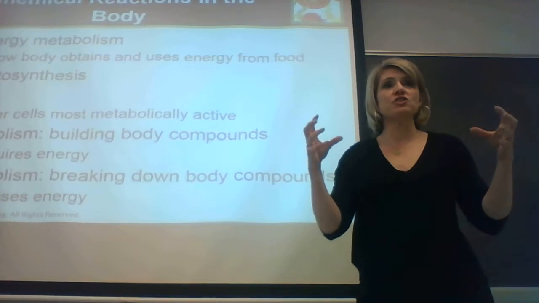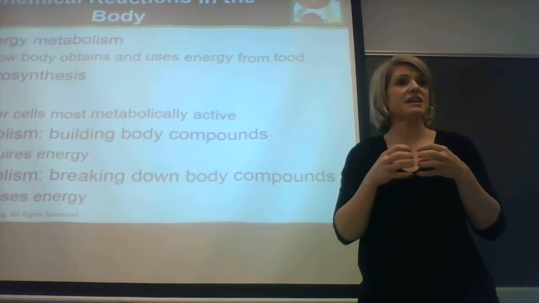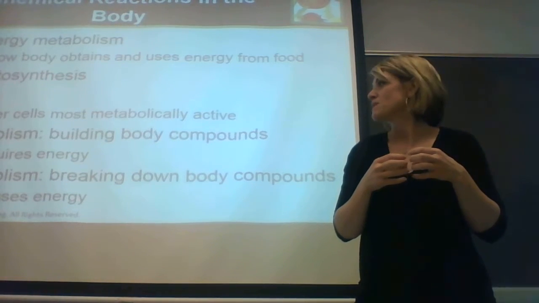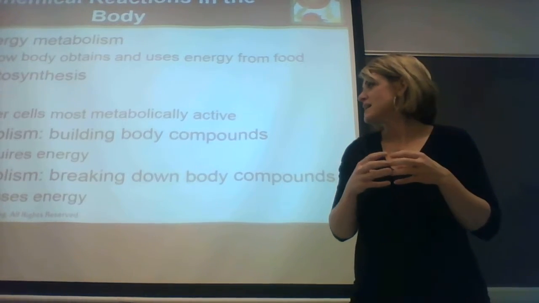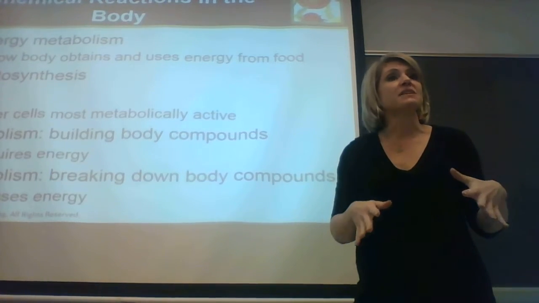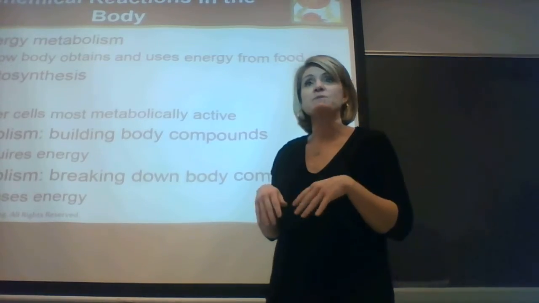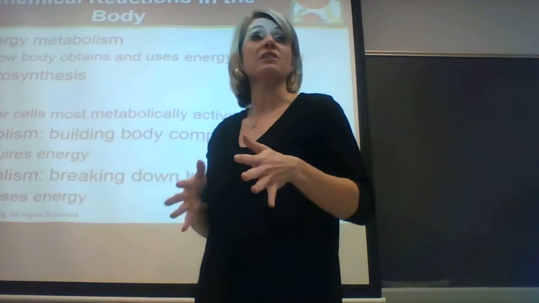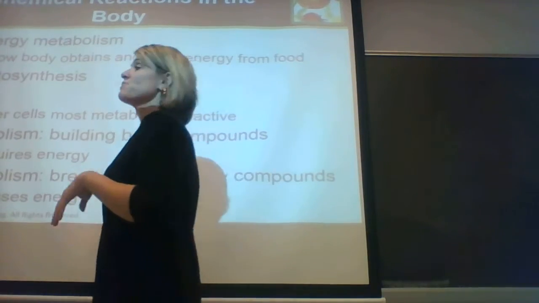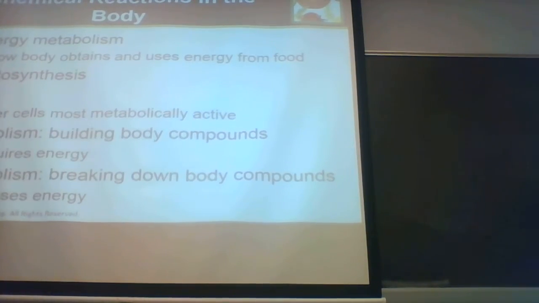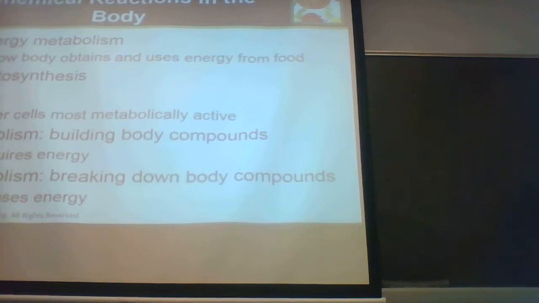You're putting two glucose together to form a disaccharide, okay? Or you're building a new protein in the body. Catabolic reactions are when you're breaking something down. So the digestion is primarily catabolic because you're breaking stuff down into smaller pieces. Catabolic releases energy. If you're going to build something, though, like anabolic, it requires energy.